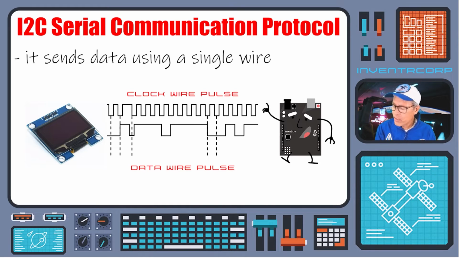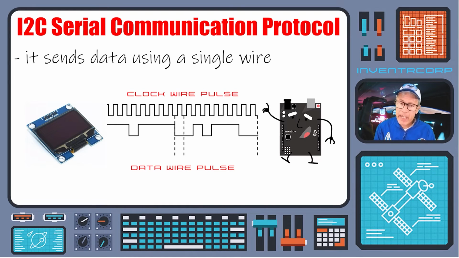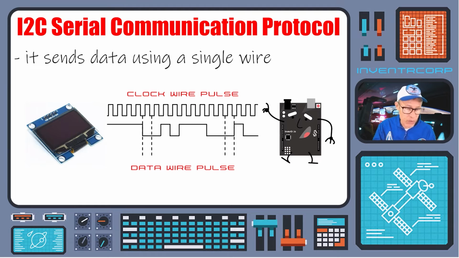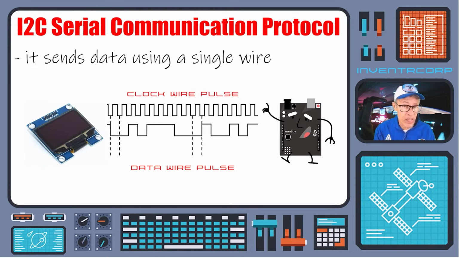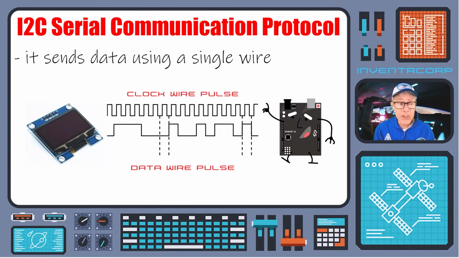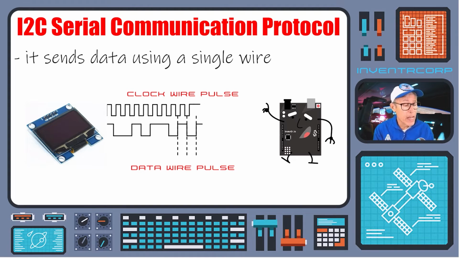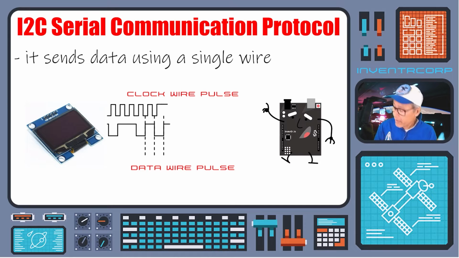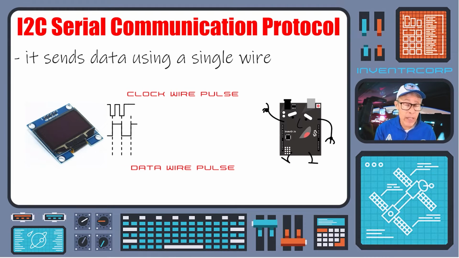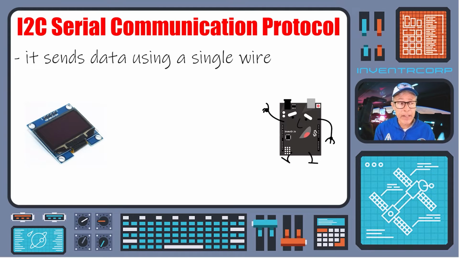So the single wire simply carries a series of pulses that both the sender and the receiver understand and can interpret in an agreed upon manner. And that allows, in this example, the OLED display to be turned on and turned off and to control specific pixels because of the messages that are sent over the I2C protocol.